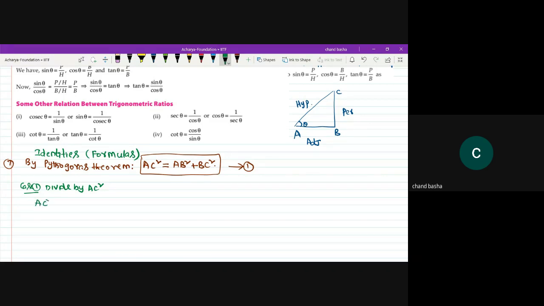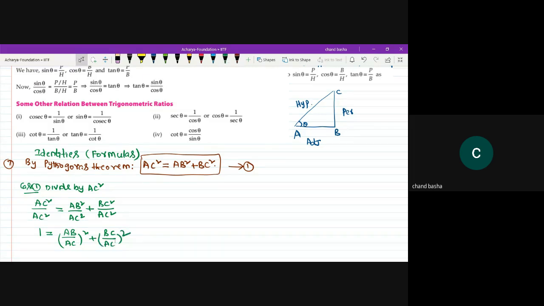AC square divided by AC square is equal to AB square divided by AC square plus BC square divided by AC square. AC square divided by AC square is 1, and I can take it as AB divided by AC, whole square, plus BC divided by AC, whole square.